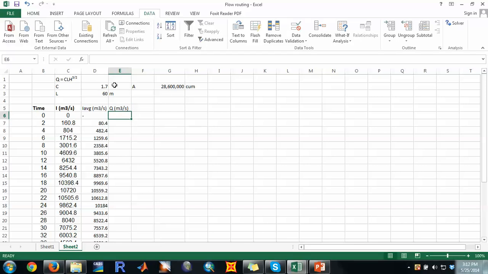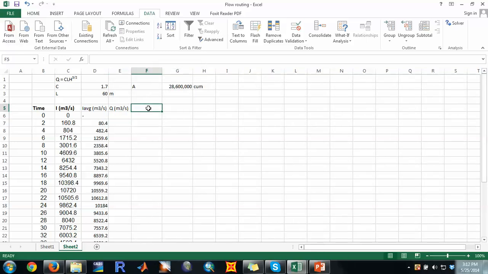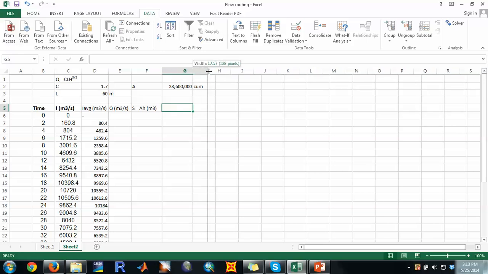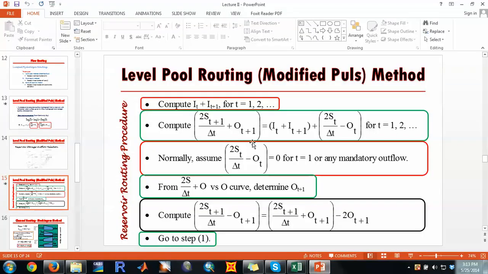But we have L and C, and we need H. After Q, we need to calculate storage in cubic meters, which is a function of area times H. And after we find the storage, we can calculate this value at time t: the change in storage minus the outflow over 2.